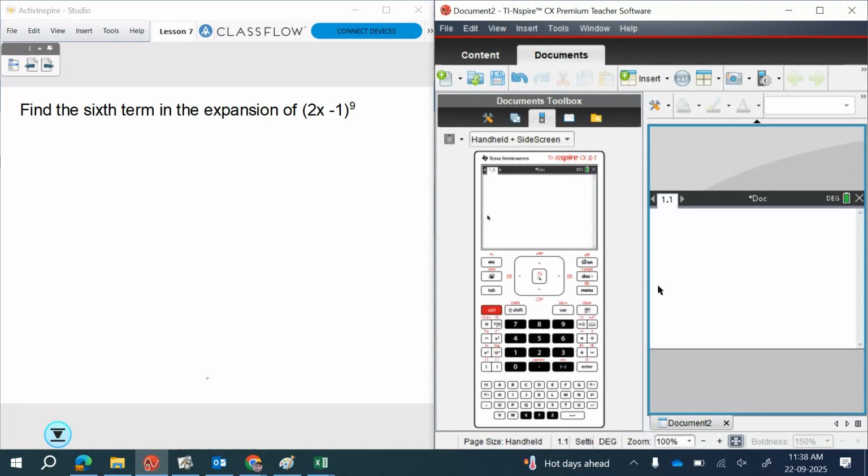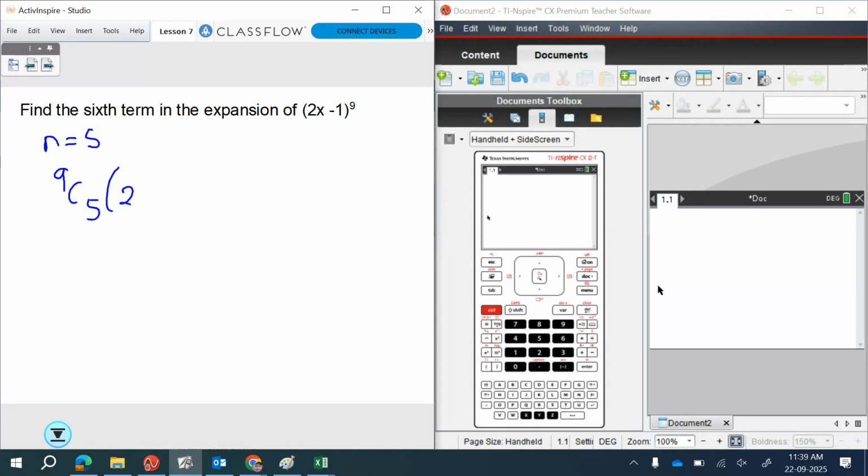We want the 6th term in the sequence, so what is the value of r? 5. r is going to be 5, so we need 9C5. We need 2 to the x to the n minus 5. What's n minus 5? 4. And then we need negative 1 to the 5.